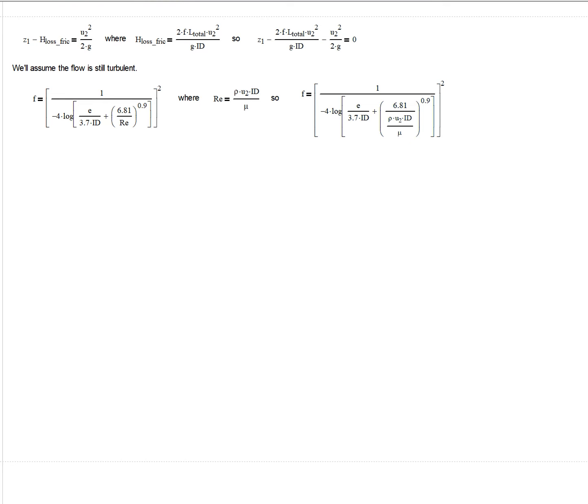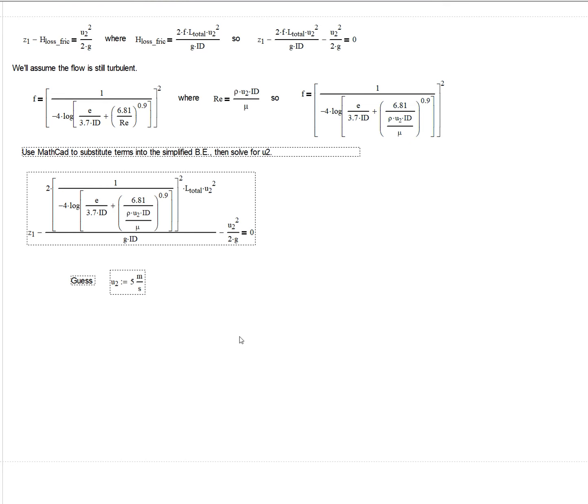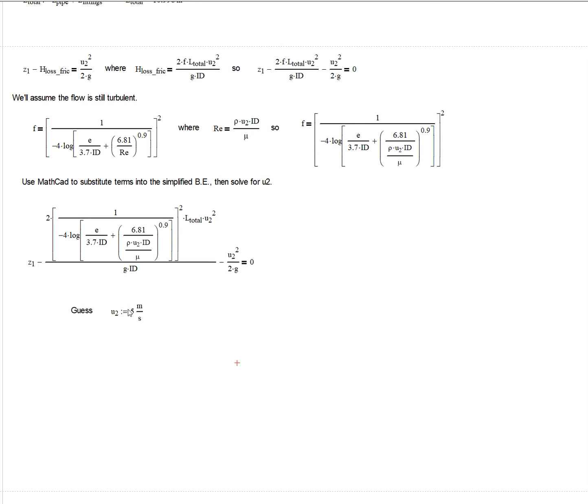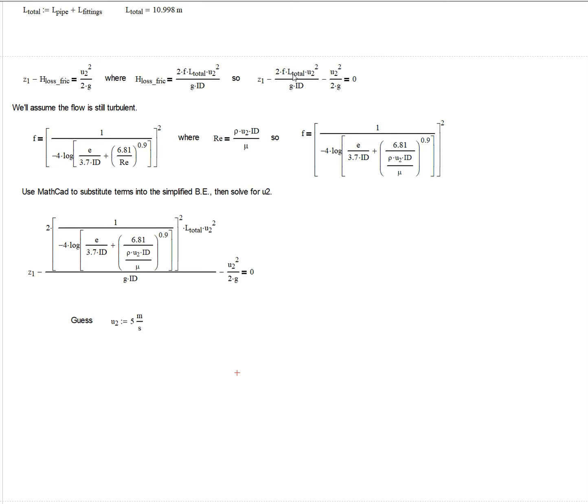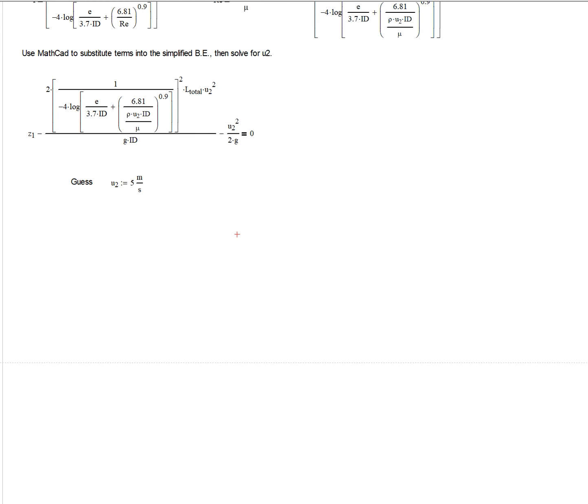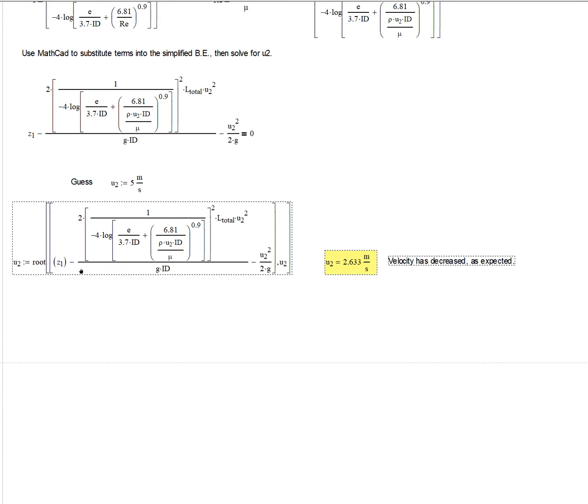We then use MathCAD to solve for U2, where again we had a guess of, say, 5 meters per second. We use the root function for this, and we get a velocity of 2.6 meters per second.